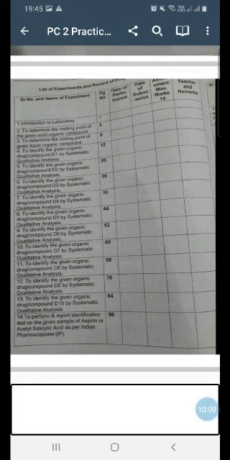So what you will do, you will open the Indian Pharmacopoeia, whichever is there, 1995 or onward. Which pharmacopoeia you have to use is also mentioned in your manual.